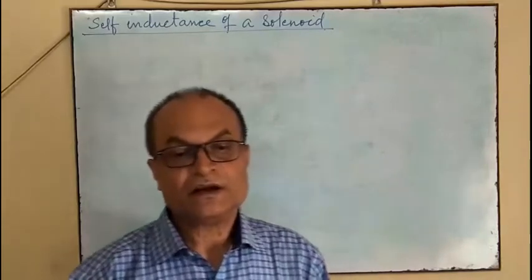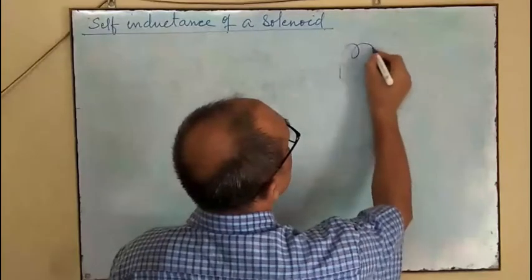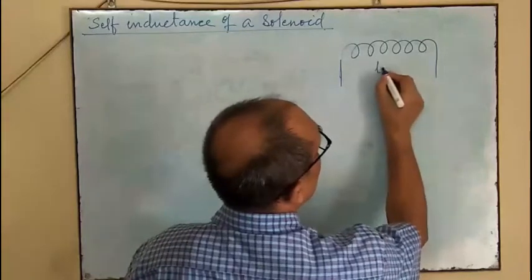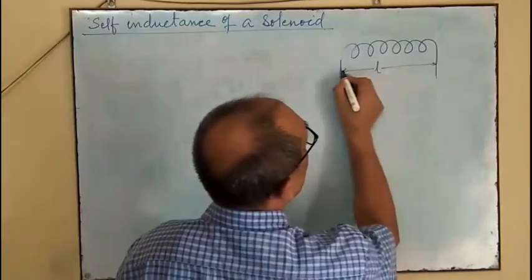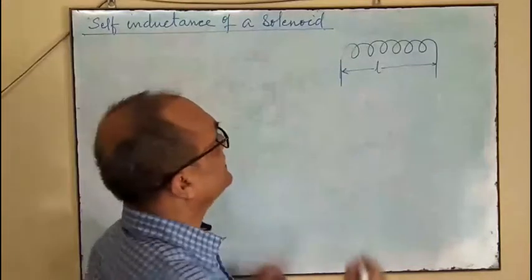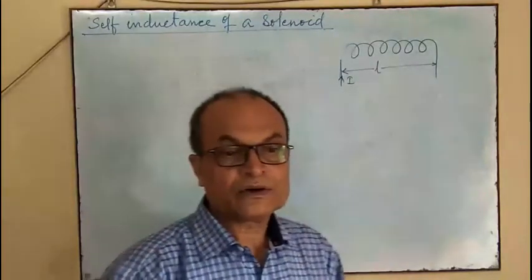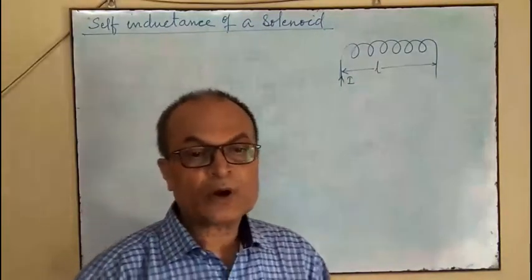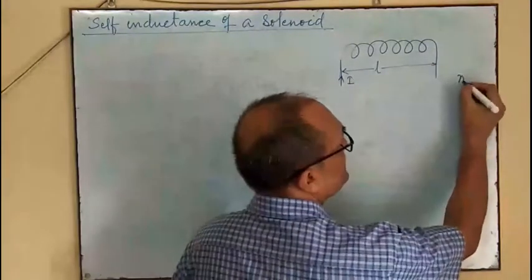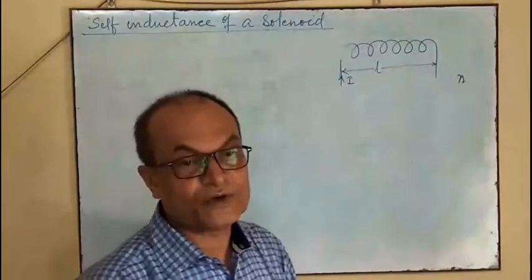So consider here a solenoid of length L. This is the solenoid of length L, and suppose a current I is flowing through it. Consider the number of turns per unit length in this solenoid to be n. Small n is the number of turns per unit length.